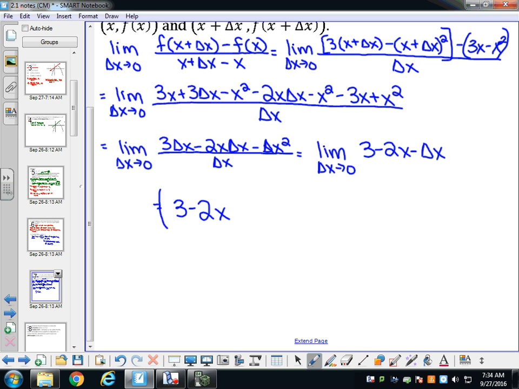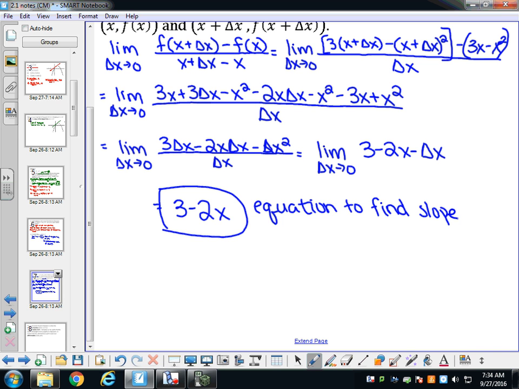And what this gives me is an equation to find the slope of any tangent line at any x value.